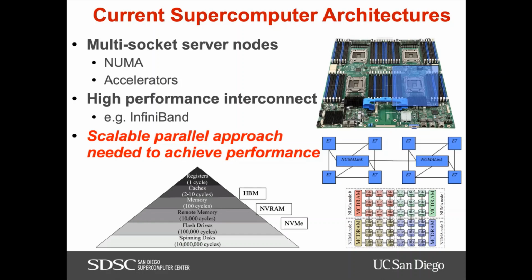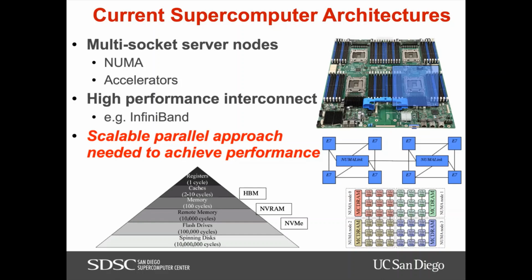And then when you step out of a node, there's the InfiniBand network or whatever high performance network there is. And in most cases, that network is also associated with a particular socket, unless you're having multiple network interfaces on a node that basically hit both sockets, but usually that's not the case.